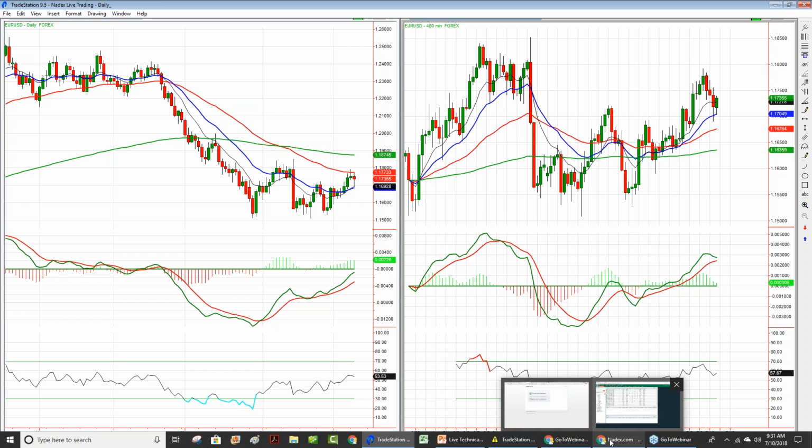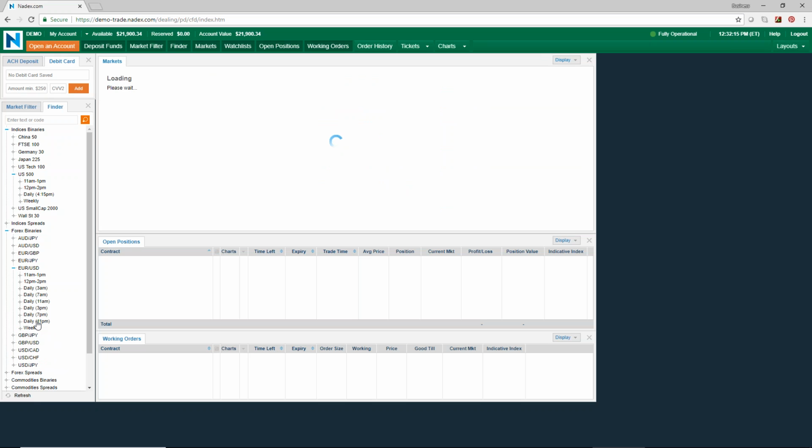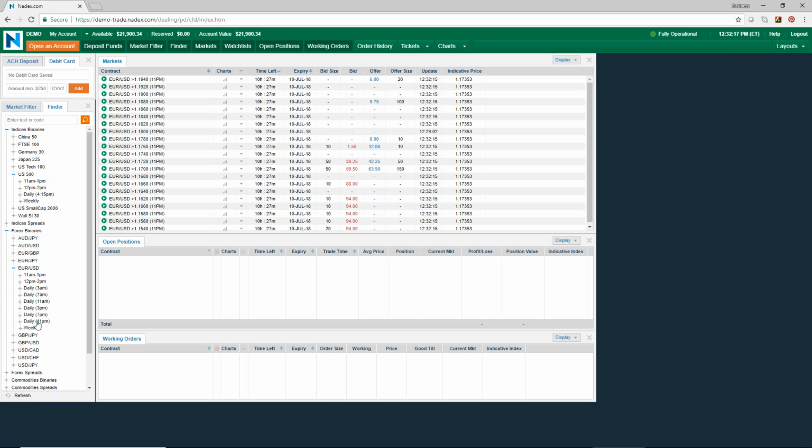And if we go to the Nadex contracts, we look at forex binaries, the euro USD, and then we can see what the dailies look like. They've got about 10 hours on them.